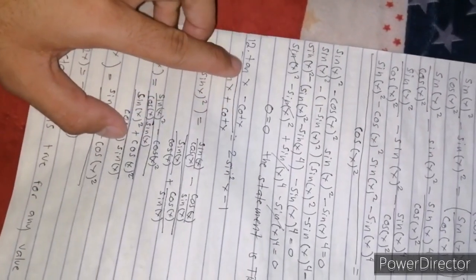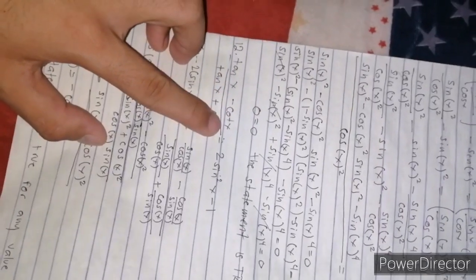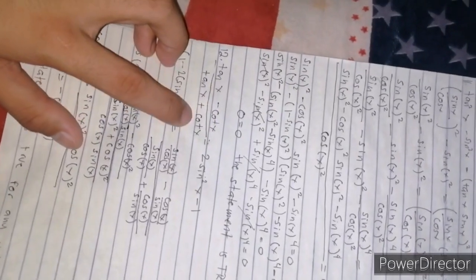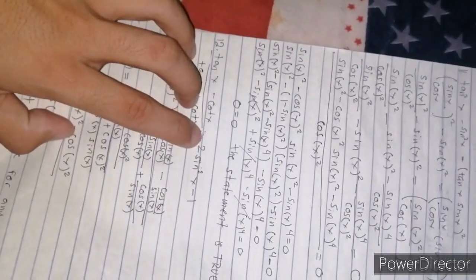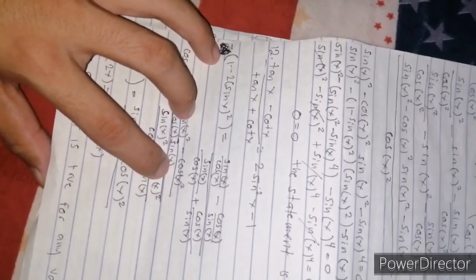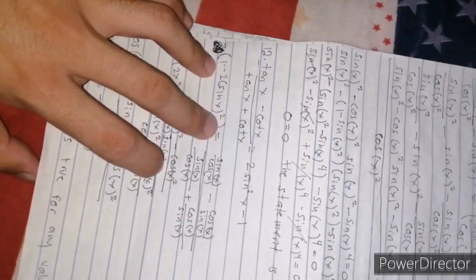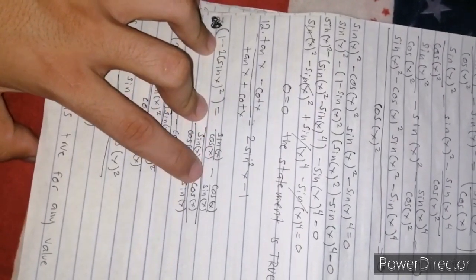So the number 12. Tan x minus cotangent x over tan x plus cotangent x is equal to 2 sine squared x minus 1, or 1 minus 2 sine x raised to 2, is equal to sine x over cosine x minus cosine x over sine x over sine x over cosine x plus cosine x over sine x.